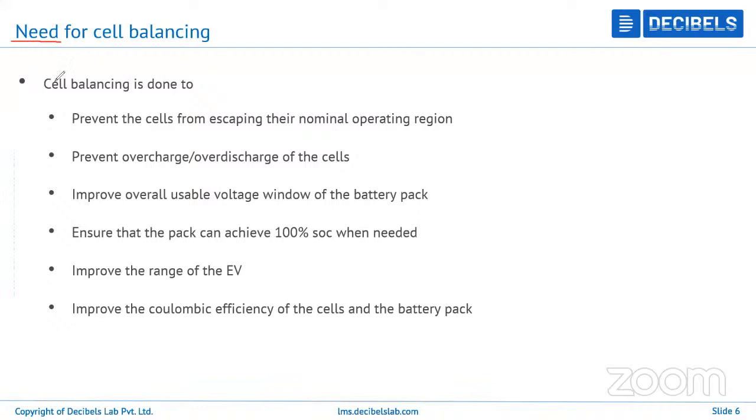Summarizing briefly, cell balancing is done to prevent the cells from escaping their nominal operation region, right? For a cell, there is a nominal upper voltage and a lower voltage.